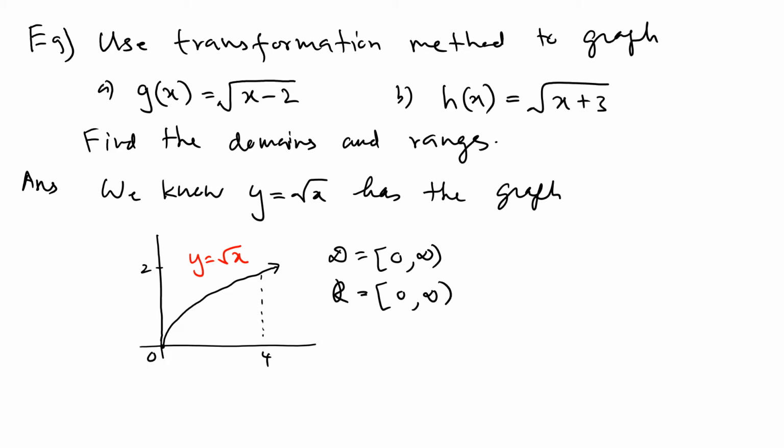Now if you look at the first part, what does it say? It's x minus 2 and it's inside. That means it is a horizontal change, because inside of the function it's a horizontal change. And it's changed horizontally to the right 2 units. So let's do that.